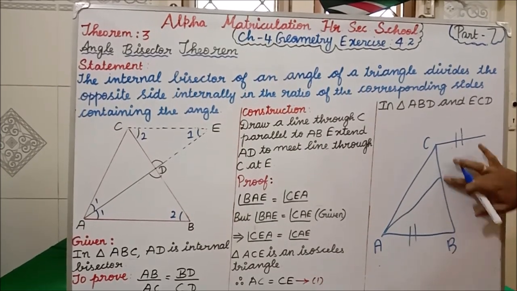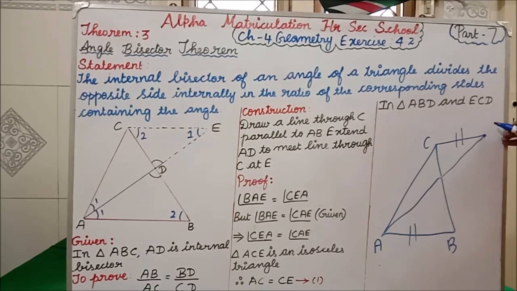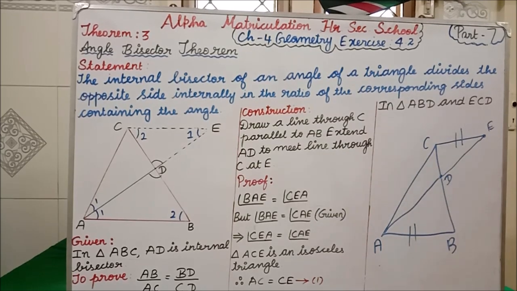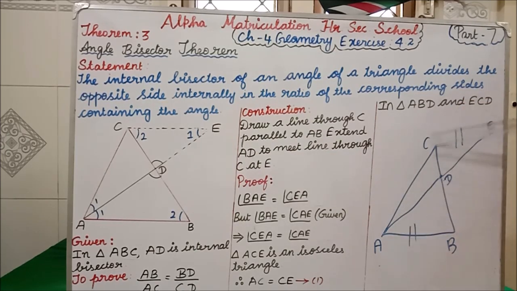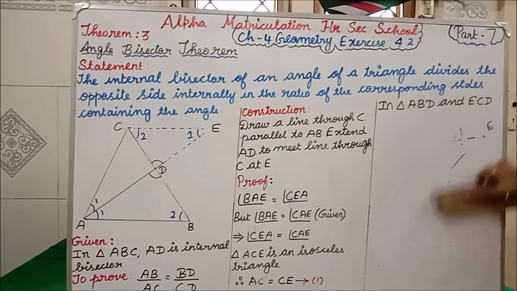Now we are extending it to meet the line through C at E. Here it is meeting at E, and this point is D. Clear what we are drawing? Clear students, how we have drawn this figure? All of you are clear now? In a triangle ABC, one more time I will draw and show you. What is the construction work we are doing here?